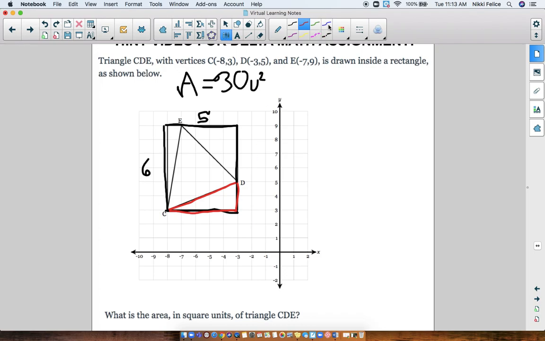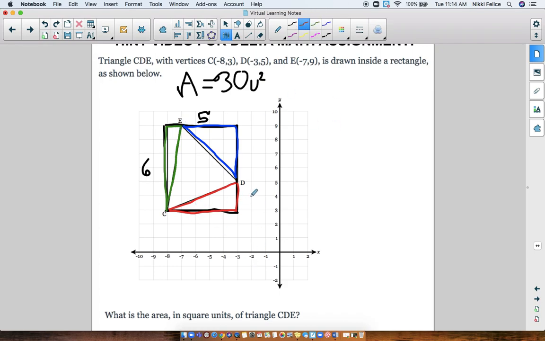Then I'm going to find the area of this triangle here, which is also easy because the base and height are on the grid lines, and I'll subtract that away. Then I'm going to find the area of my last triangle here, which goes all the way down to that skinny point, and subtract that away.